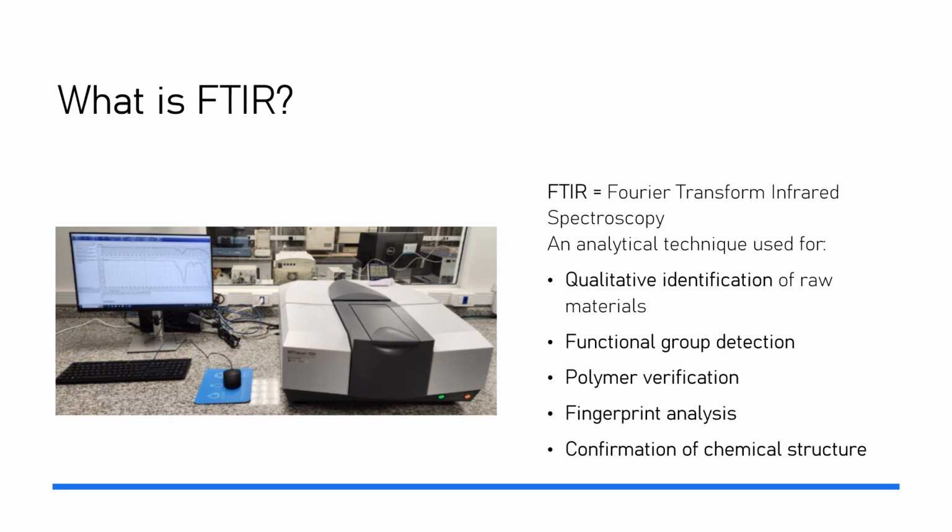So FTIR validates chemical structure by showing peaks that match expected bond variation, right? So overall FTIR is based on how molecules absorb infrared light, and the resulting spectrum becomes a unique fingerprint of the material. That's why FTIR is used heavily in pharmaceutical QC for raw material identification tests, right?